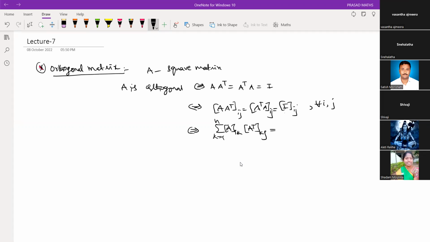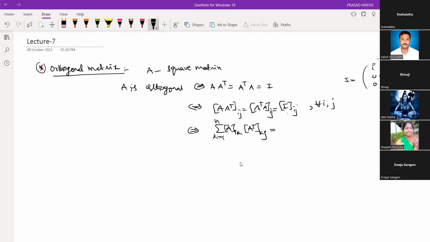What is I actually? I is nothing but the identity matrix. It is looking like this for a 3x3 matrix. What you observe is this is the 11 entry, this is the 22 entry, this is the 33 entry. That means whenever the two suffixes are the same, that is 1.